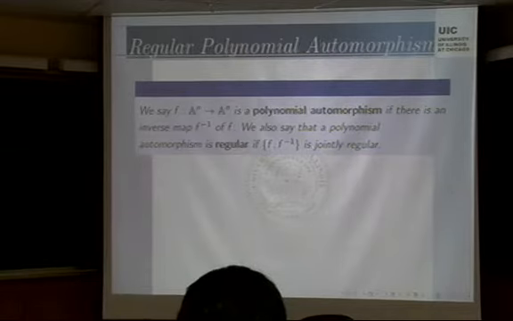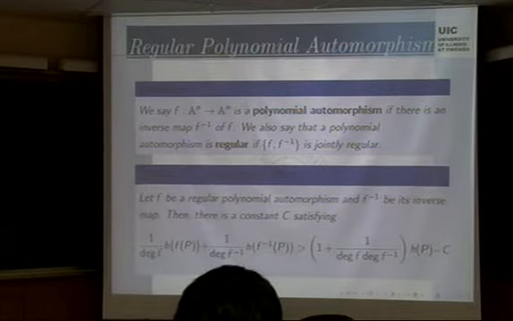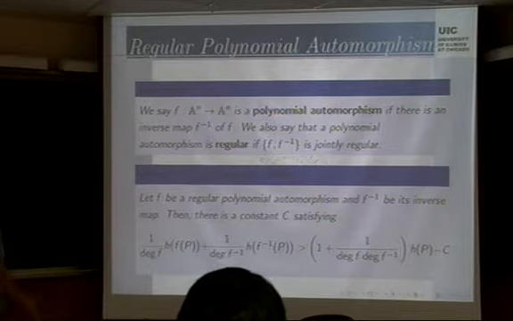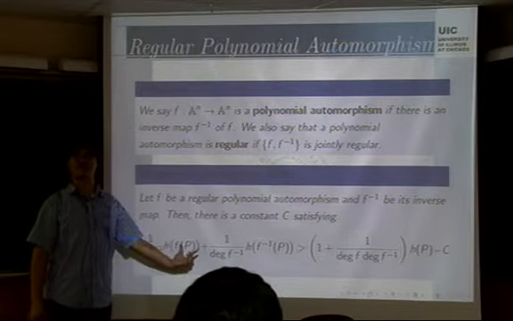Here's another example. If we have a regular polynomial automorphism, like the Hénon map we saw on previous slides, then there's a result made by me and Kawaguchi independently. Now we have a result like this.